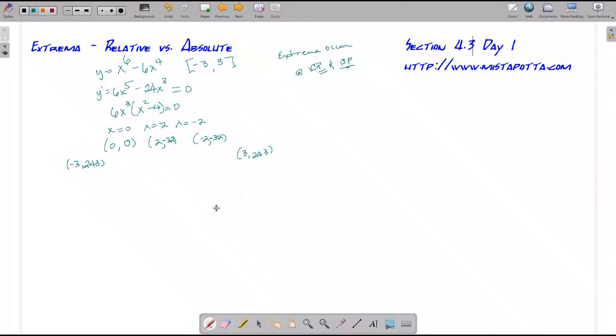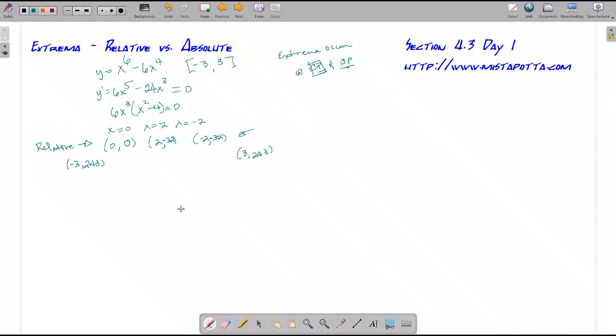Now, a relative extrema has to occur at a critical point, which means when I'm looking for relative extrema, these are my only candidates here, just those on that line.